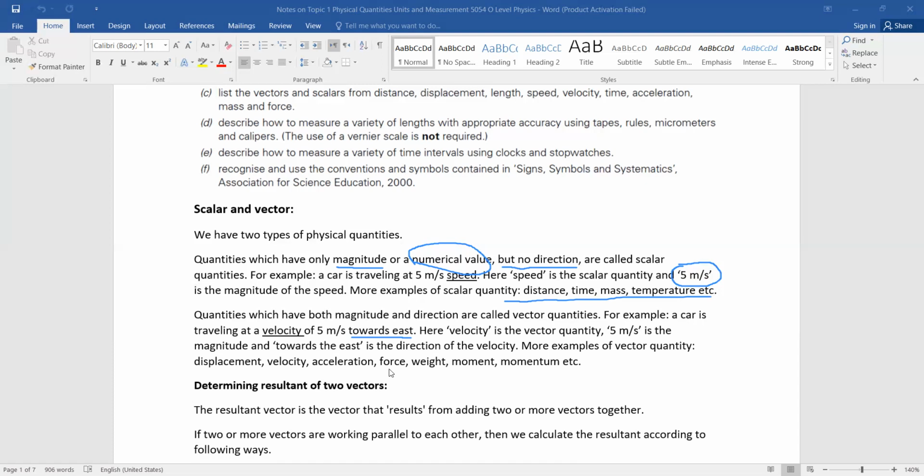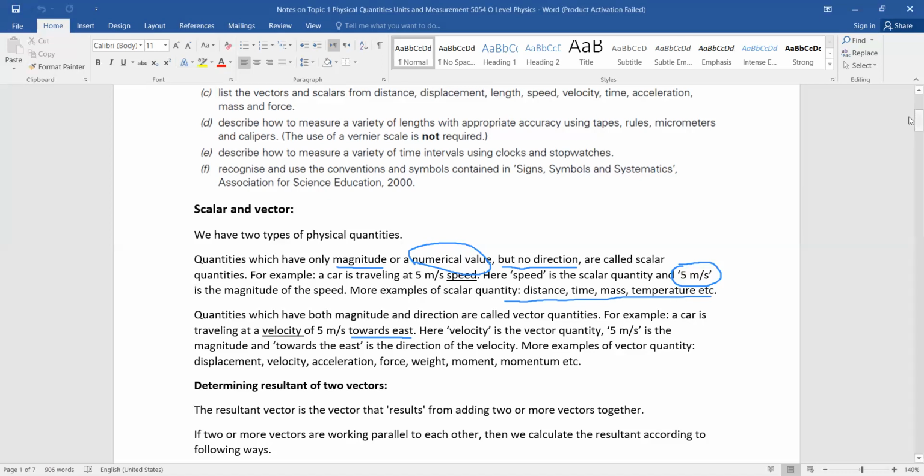Then we have acceleration, force, weight, moment, momentum, etc. You will get some more vector quantities in future. We will discuss them step by step. Now just know all this.